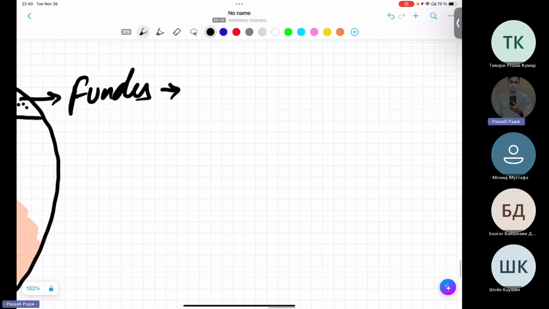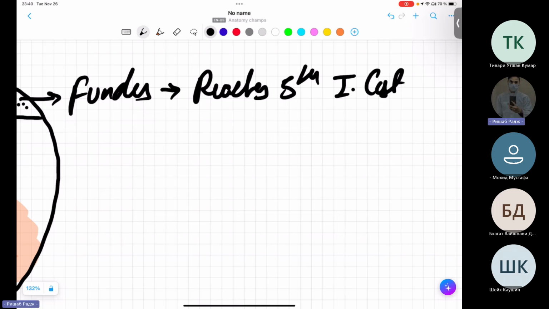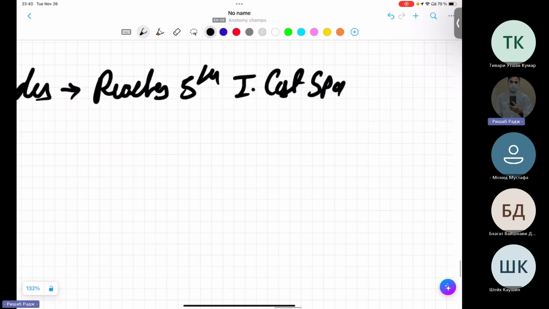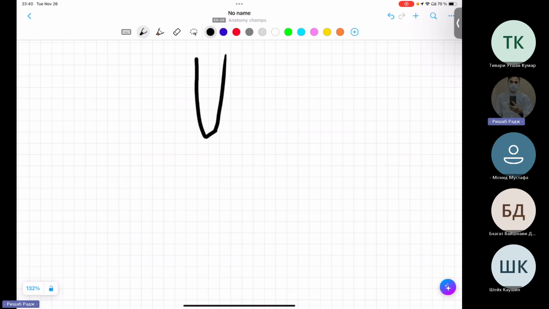This will be in the proximity of the heart. Why? Because when the fundus expands, it reaches the fifth intercostal space. And if you remember, the fifth intercostal space is the place where the apex of the heart was located.